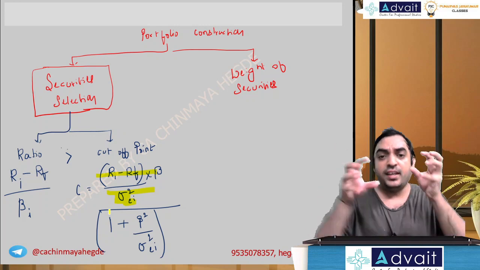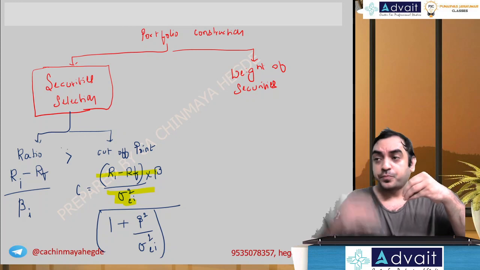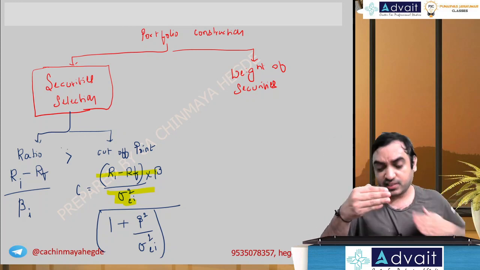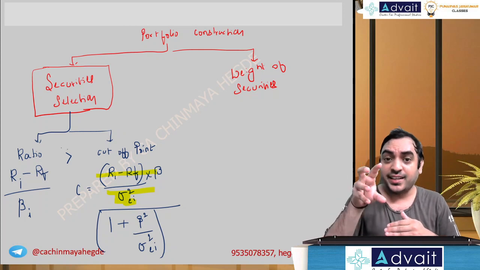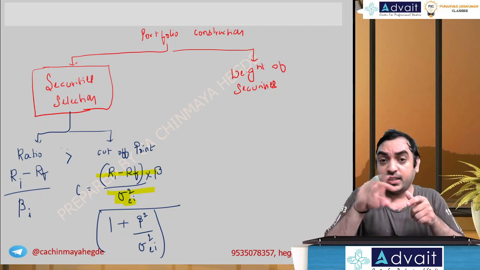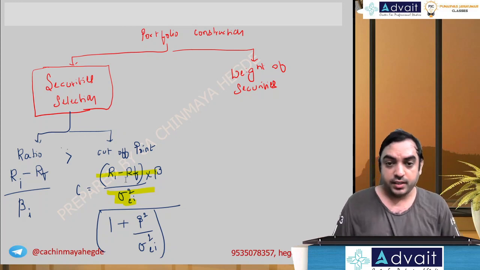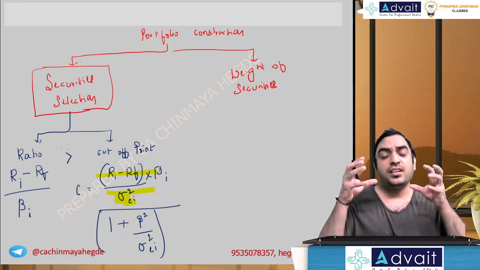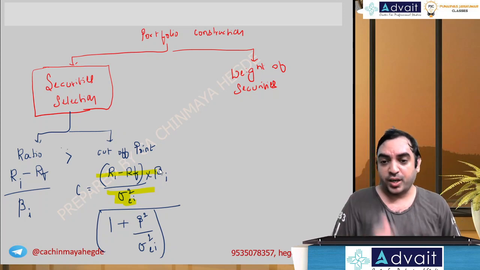So we are bringing in three elements, my dear friends. One, risk premium. Second, systematic risk. And third, unsystematic risk. Beta is the systematic risk. Sigma square Ei is the unsystematic risk of a particular security. This is beta, to be specific, let's say beta i of a particular security, and Ri minus Rf is a risk premium. So three elements are being mixed. Hope you're able to understand.